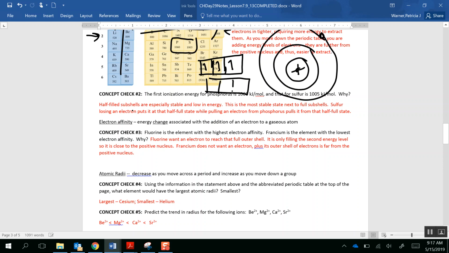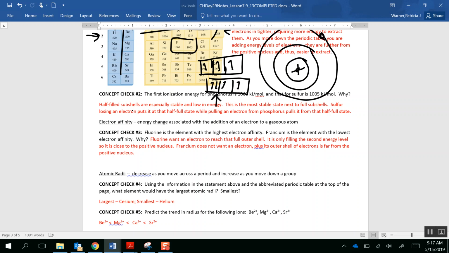Sulfur looks like that. Atoms are stable when they have half full shells, and so it's going to be easier to pull this electron off of sulfur than it is to pull one of those electrons off phosphorus. So the most stable state is full shells. The next most stable state is half full shells.